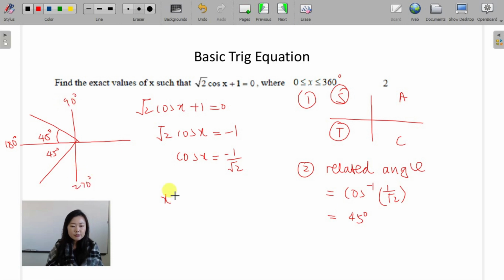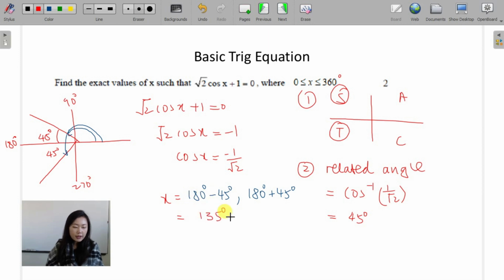So x would be, in the second quadrant, you're quoting that angle there, which is 180 minus 45 degrees. And then in the third quadrant, you're quoting that angle there, which is 180 plus 45 degrees. So that's it. Put that into the calculator.